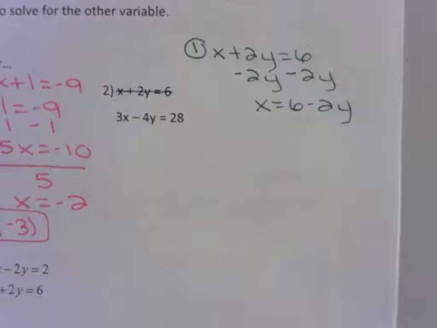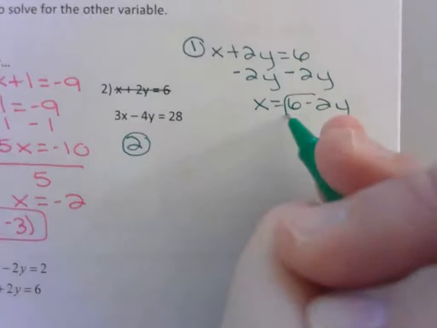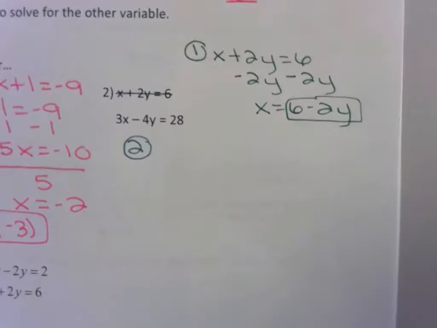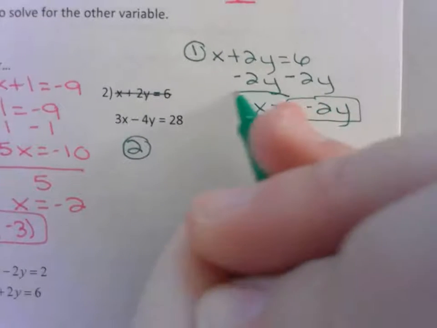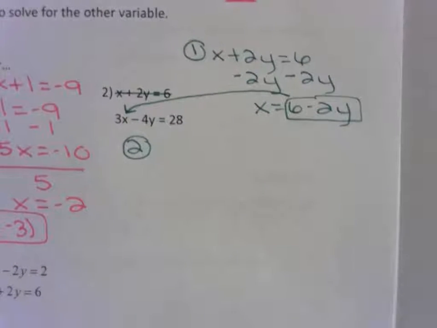So now, step 2 is I can take what x equals, which is 6 minus 2y, and plug it in where, for the x, in which equation? The other equation, the bottom one. So I'm going to take what x equals, 6 minus 2y, and plug it in where x is in my other equation.